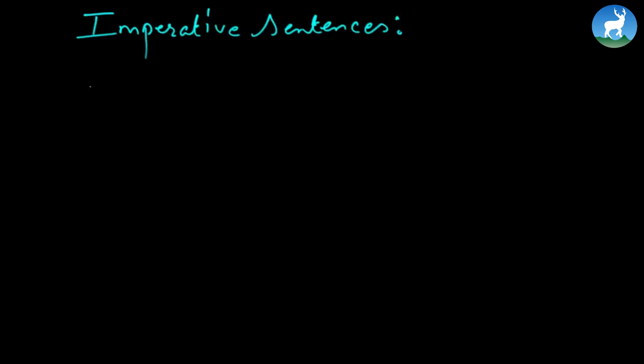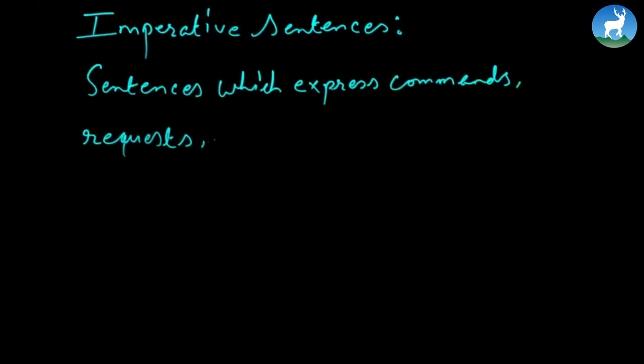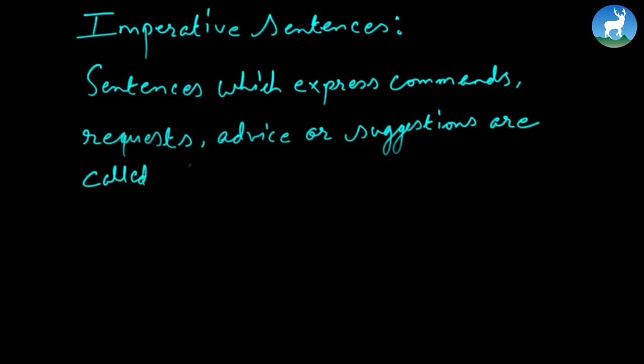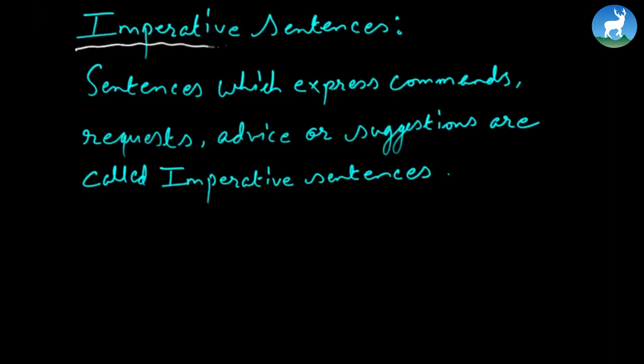Sentences which express commands, requests, advice, or suggestions are called imperative sentences. Look at the definition here. Sentences which express commands, meaning which give commands, or which request or advise somebody, or make suggestions, are called imperative sentences.